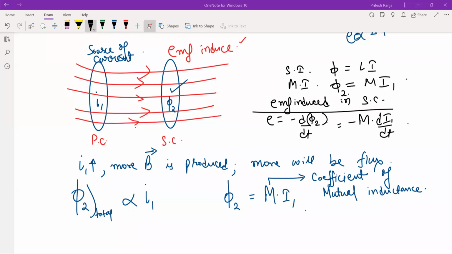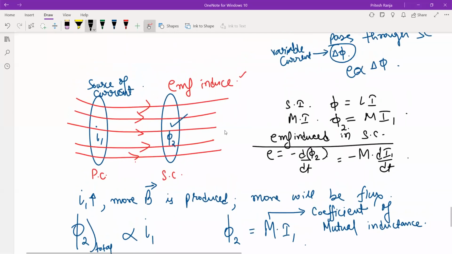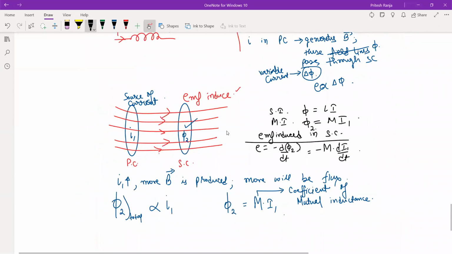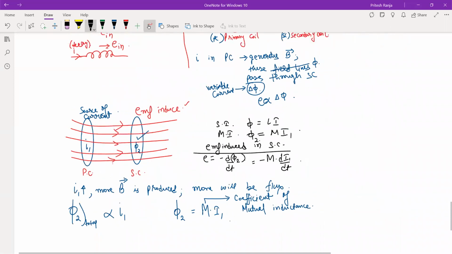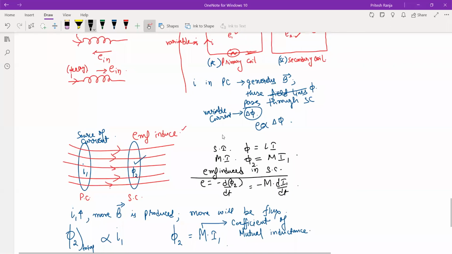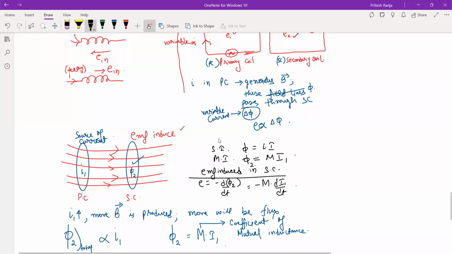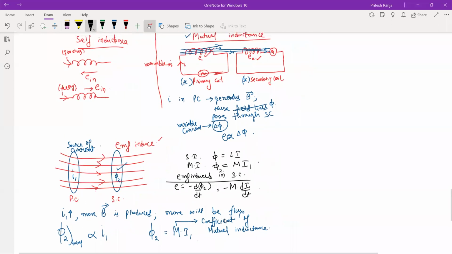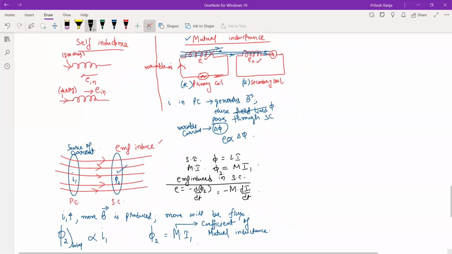You can all write down this one, and then we shall proceed ahead. This thing should be clearly understood, why we are taking phi 2 and I1.